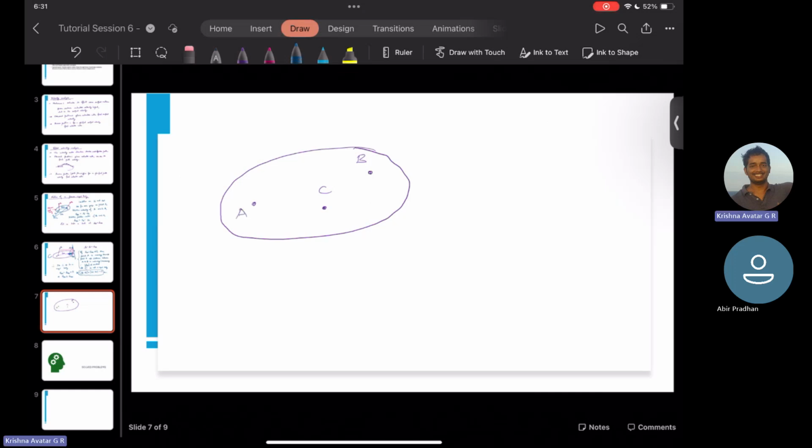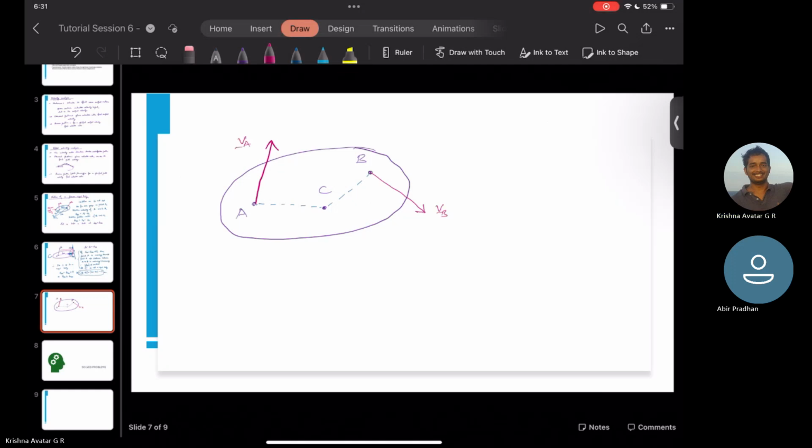And we have lines connecting A to C and C to B. The velocity at point A is this, and point B is this, right?